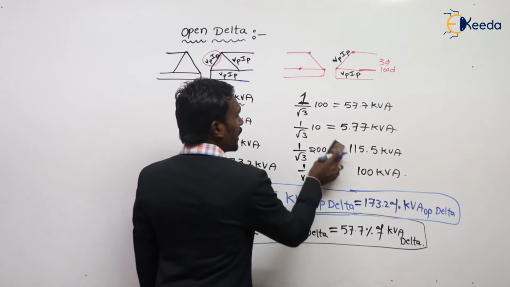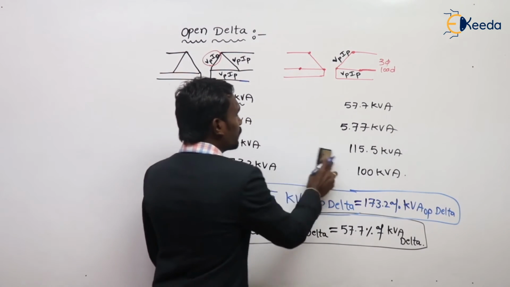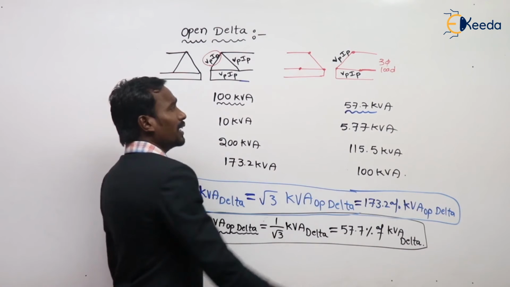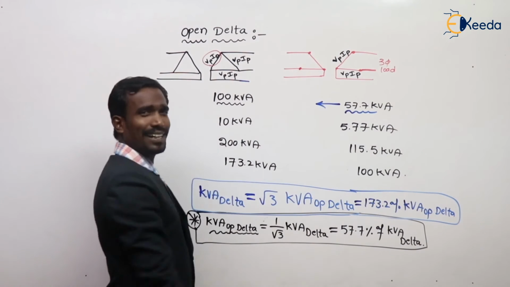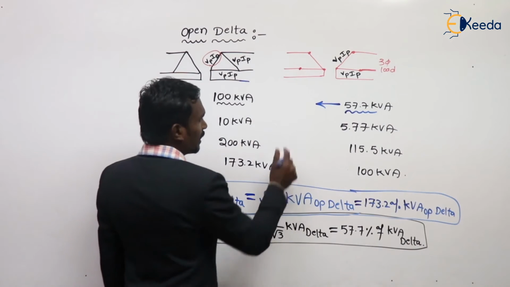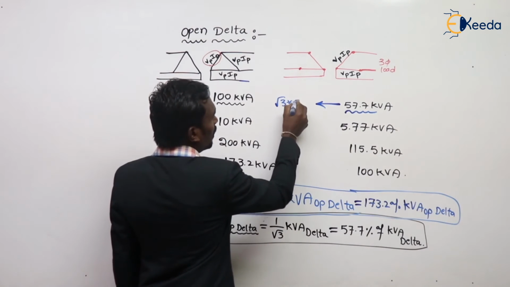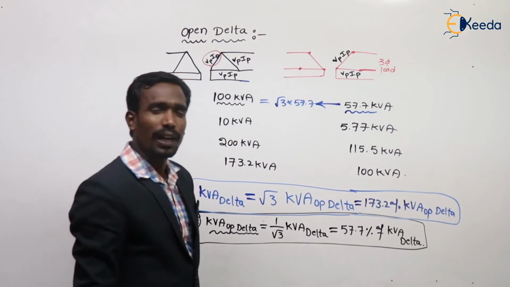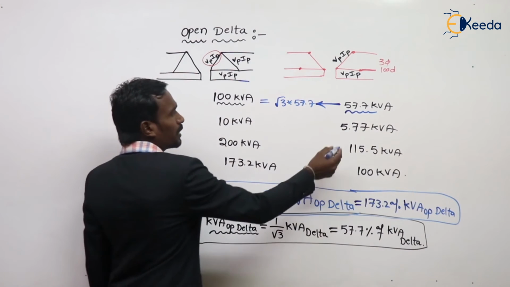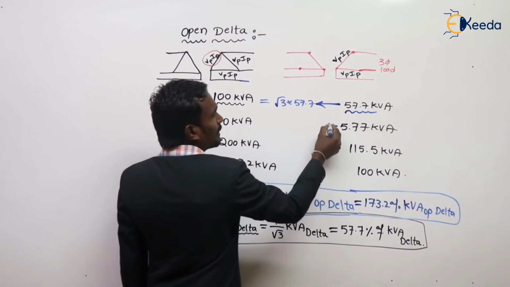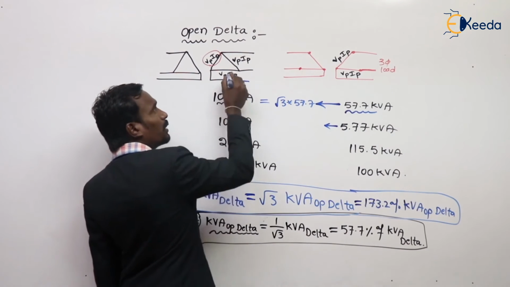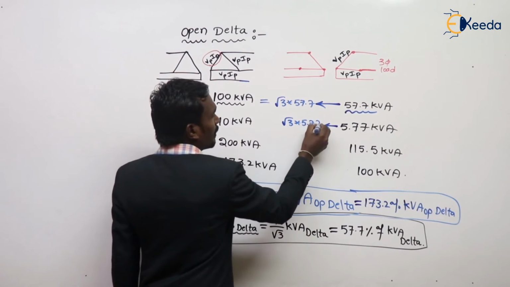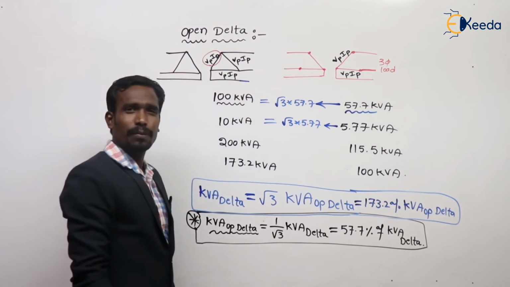If the load shared by the open delta is 57.7 kVA, then what is the load shared by the closed delta? The load shared by the closed delta is root 3 times 57.7, which is equal to 100. If the load shared by the open delta is 5.77, then what is the load on the delta configuration? That is root 3 times 5.77, which is equal to 10 kVA.